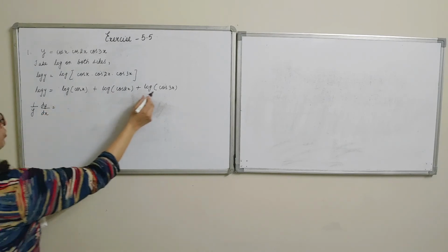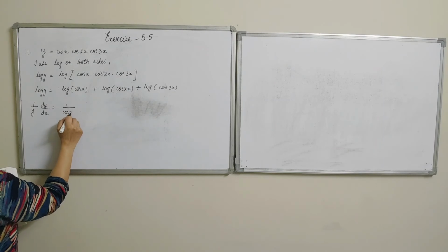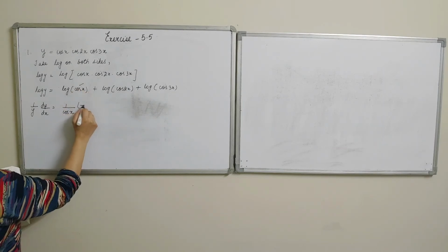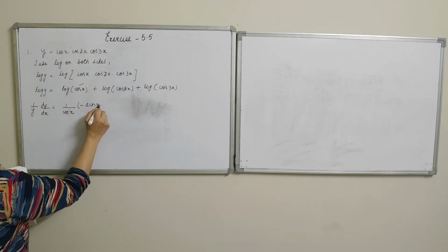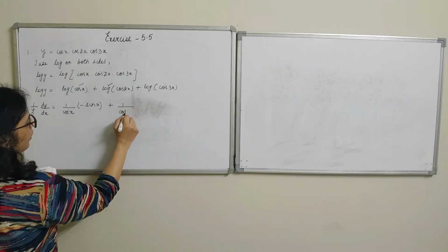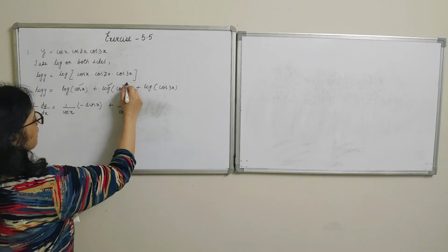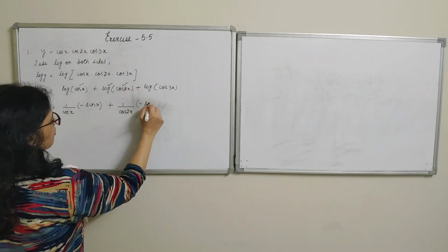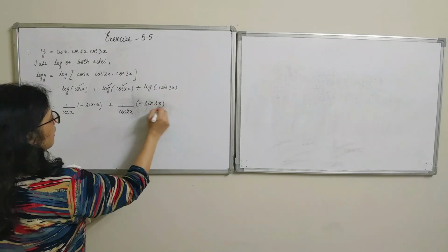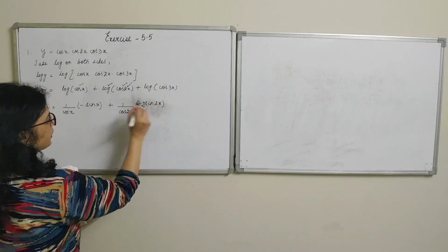So these are all composite functions. Derivative of log function is 1 upon cos x, and derivative of cos is minus sin x. Here derivative of log cos 2x is 1 upon cos 2x, then derivative of the cos function is minus sin 2x, and then differentiating 2x also, so that 2 I'll write down here.